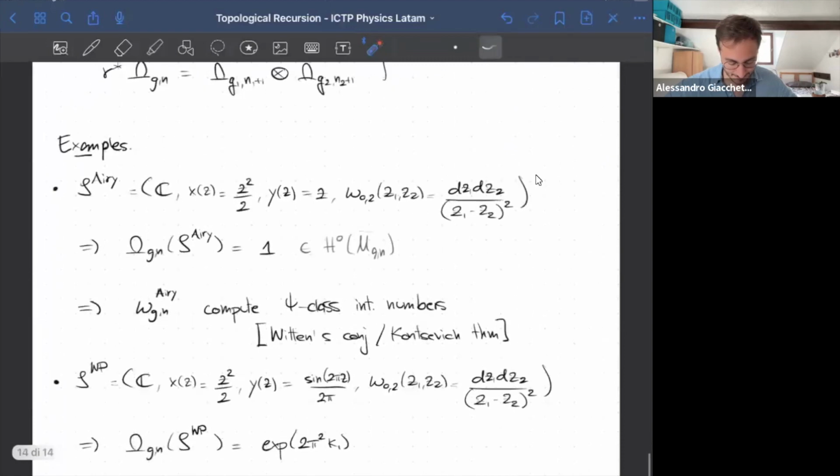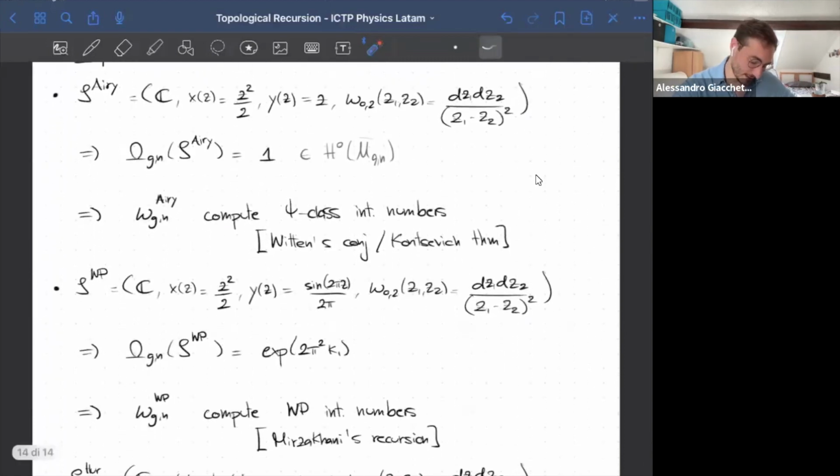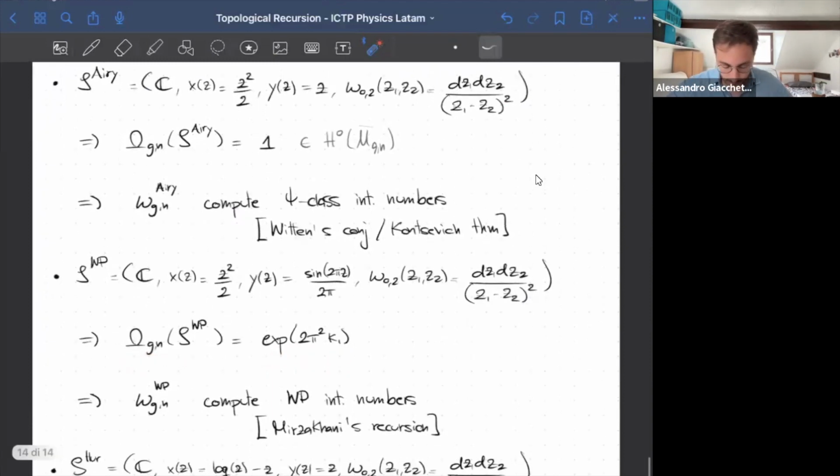So after some computation, you can see that the omega associated to this specific choice of x and y is just the exponential of 2 pi squared kappa_1, which is exactly what appears in the computation of Weil-Petersson volumes. So you end up again with this fact about Weil-Petersson volumes and topological recursion on the other side.